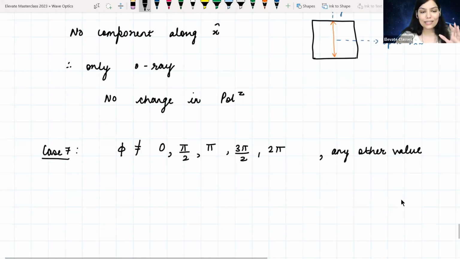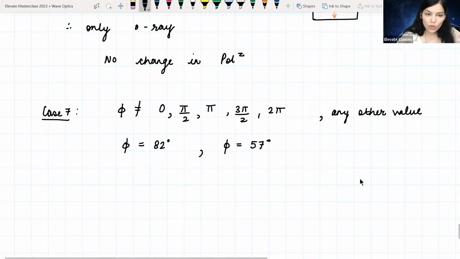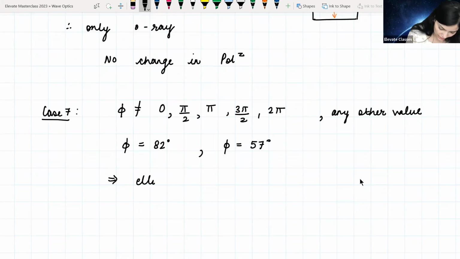So the last case is जब ऊपर का कोई भी case नहीं हो रहा है, मतलब the phi has any other value, जैसे let us say phi का value 82 degrees है, ठीक है, या फिर 67 degrees है. Phi is equal to maybe 57 degrees. So any other value of phi, leaving all these values, will give us elliptically polarized light.